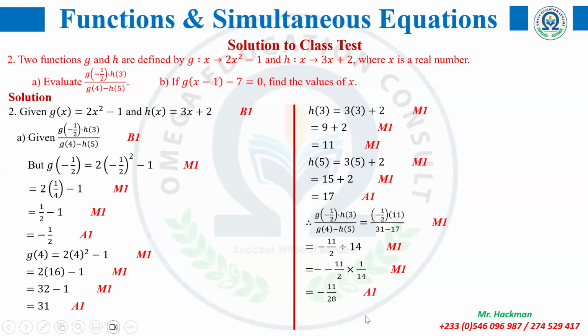So my point is, at this point, where you have found the corresponding values of whatever function you were asked to evaluate, each of them, you come and write equal to, after doing all that, then come and write equal to half, minus half, maybe times 11 over 31 minus 17.